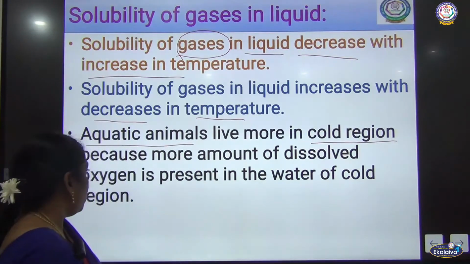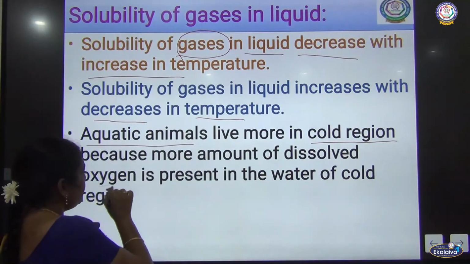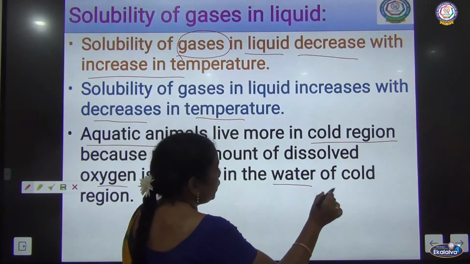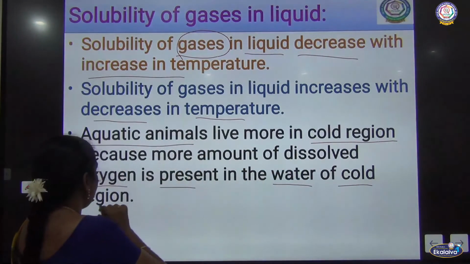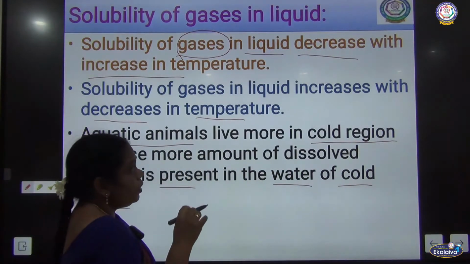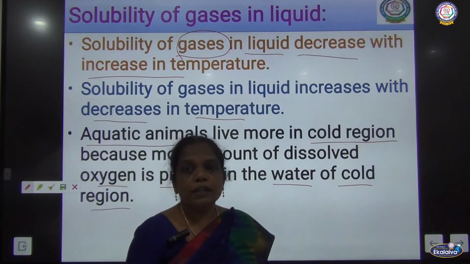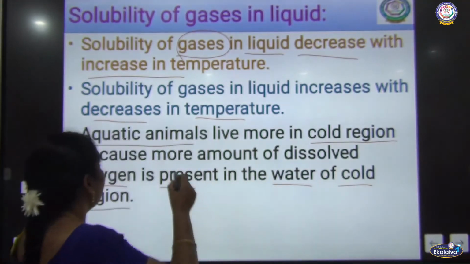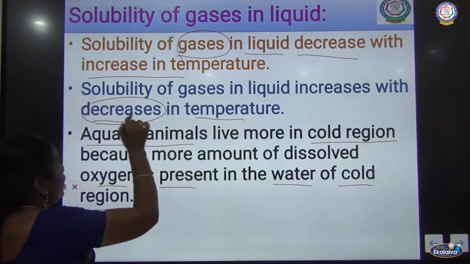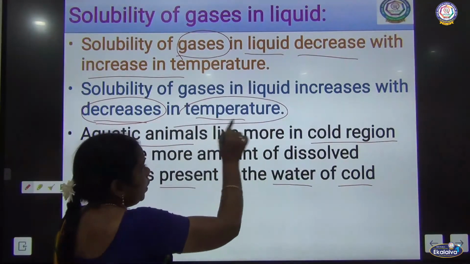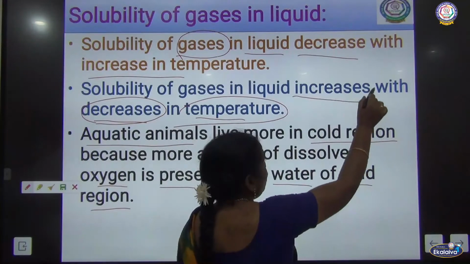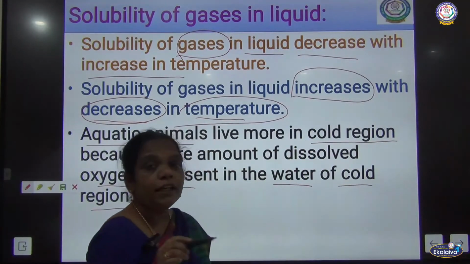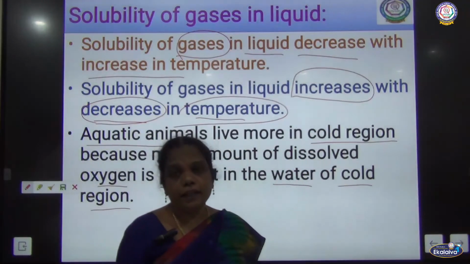More oxygen is present in the water, so more aquatic animals live in the cold region, because by decreasing the temperature, the solubility of gas in liquid is going to be increased.